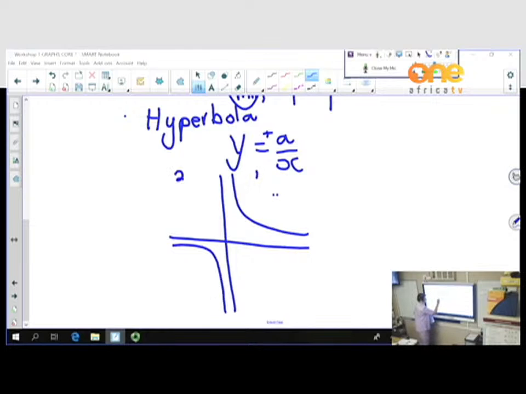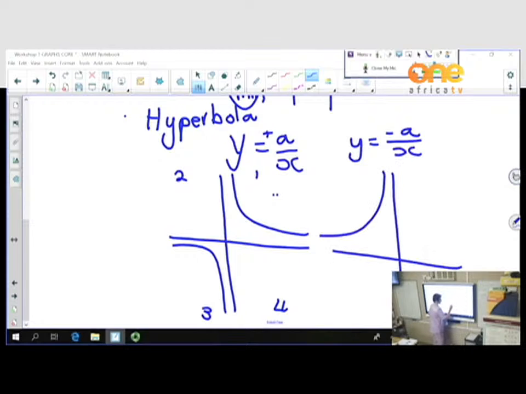This is 1, 2, 3, 4. Or we can have y is equal to negative a over x, and then they will lie in these quadrants. You must be able to identify these graphs. You must know which one is which one. They ask questions like that.